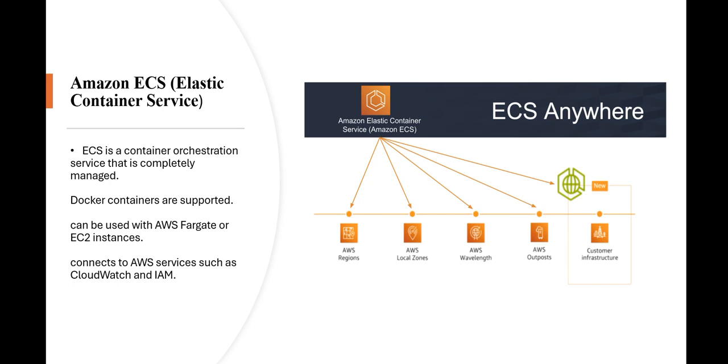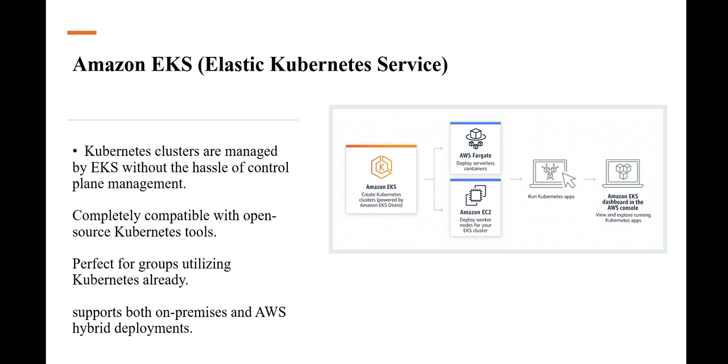It works well for running Docker containers either on EC2 instances or using Fargate. ECS handles container placement, scaling, networking, and monitoring. It's deeply integrated with other AWS services and is easier to manage if you are staying entirely within the AWS ecosystem.